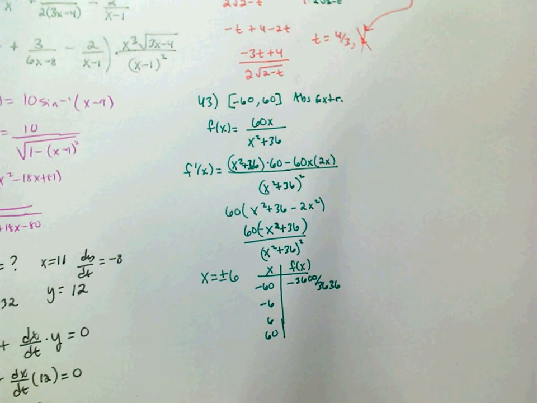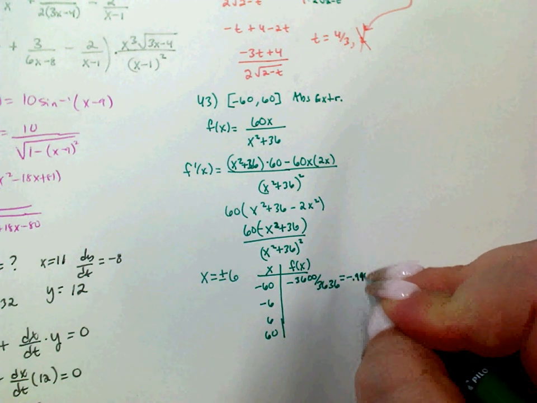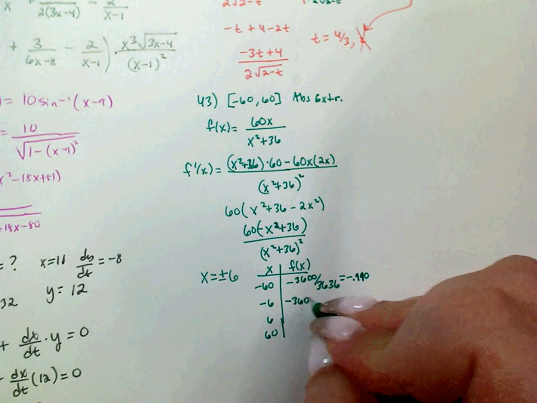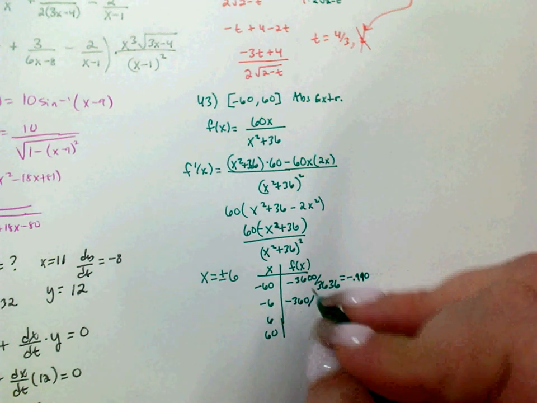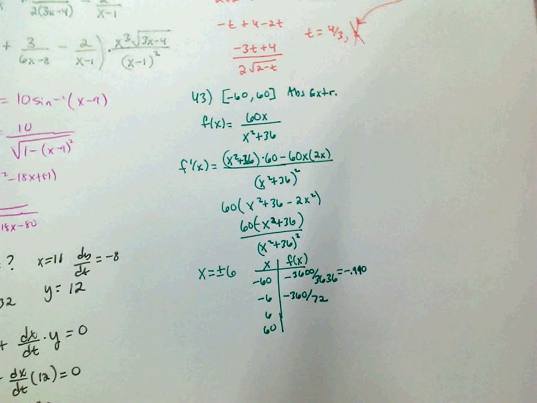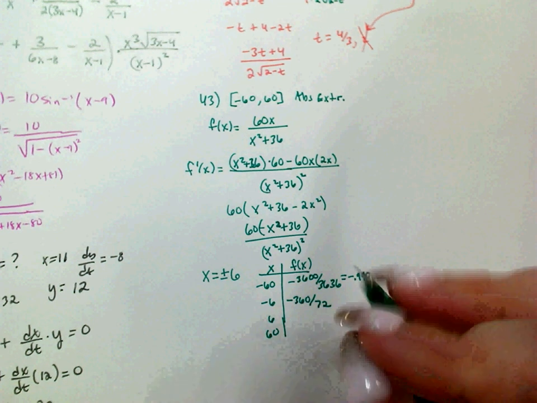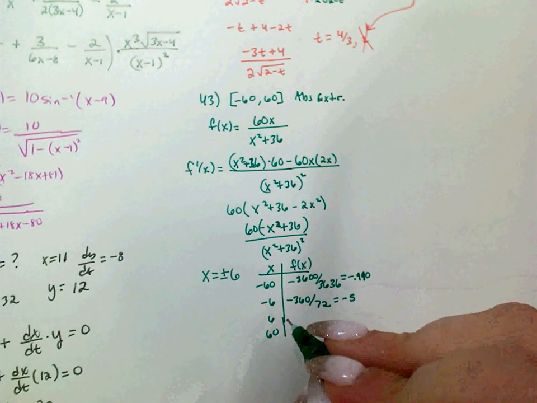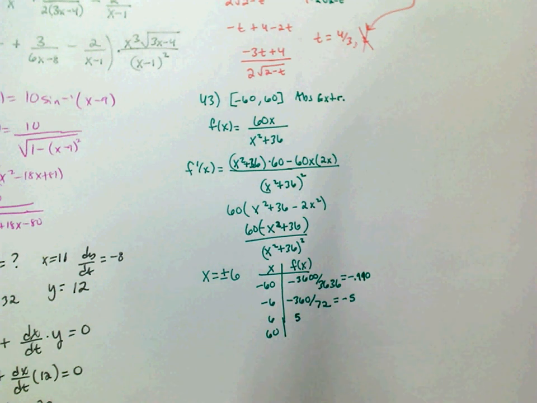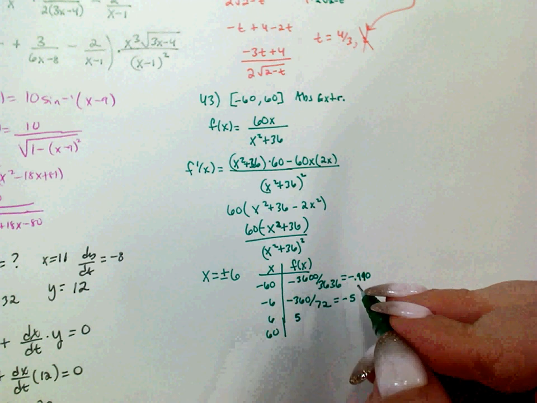If you plug in -6, you get negative 360 divided by 36 plus 36, so that's 72. Negative 360 divided by 72 is -5. Positive 6 is going to be the same thing, only positive 5, and 60 is going to be the same thing as this, only positive, so positive 0.990.